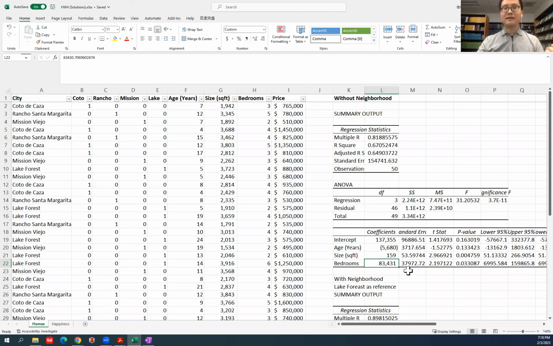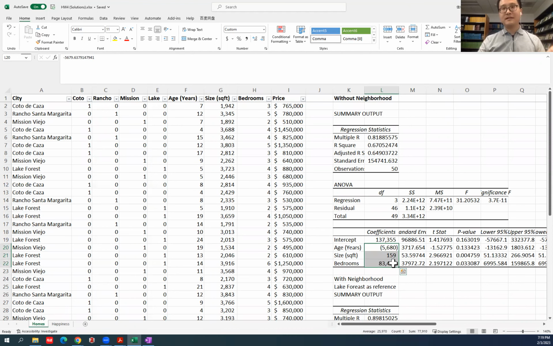For example, we cannot really observe a house in reality with an age 0, size 0, and 0 number of bedrooms. But to build the relationship between these predictors and the dependent variable, that's the value of house, we do need to account for this intercept.